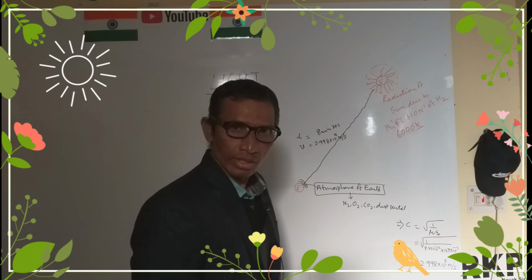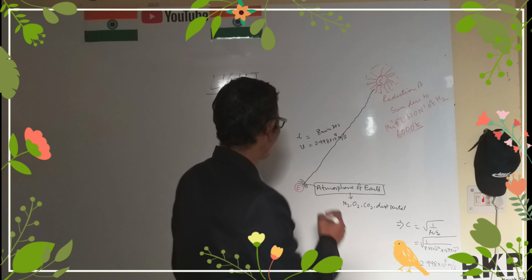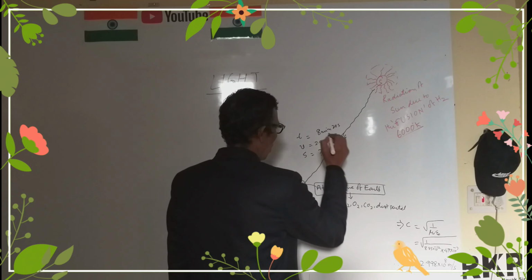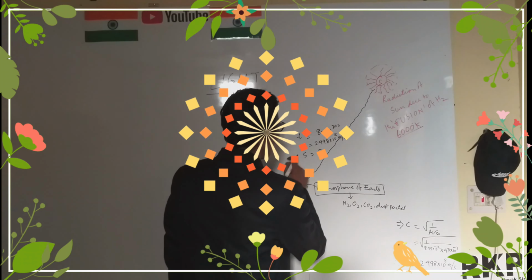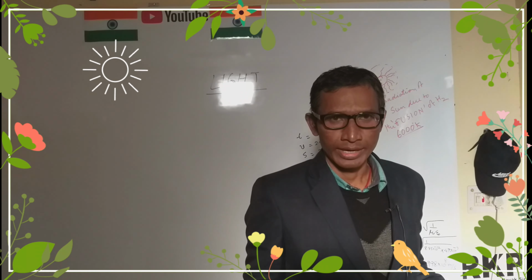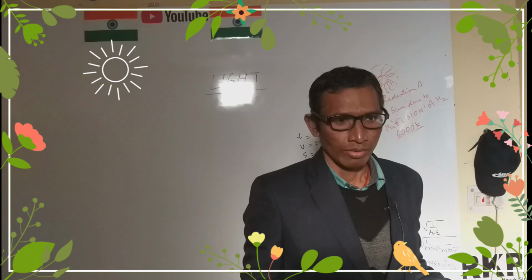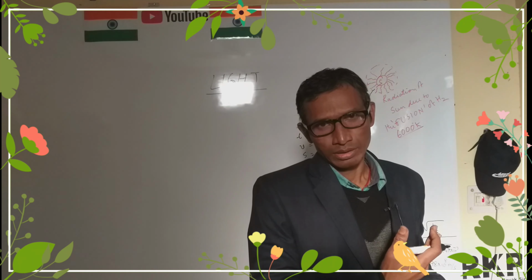We have to find the distance between the sun and earth, S. How much? So we calculate this. We know the relation between velocity, distance and time. Before the Big Bang, there were no such physical quantities.